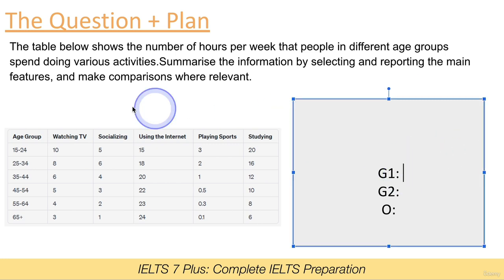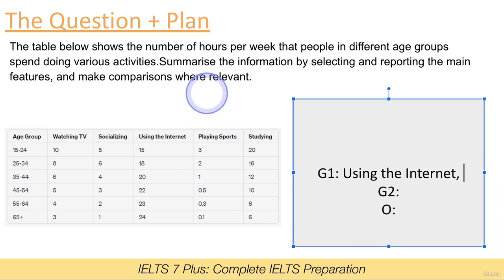Okay then, so group one. Well, we could group in a variety of ways. We could group in terms of age. We could group in terms of activity. I might group in terms of the higher hours. So maybe we'll focus on using the internet, also studying.